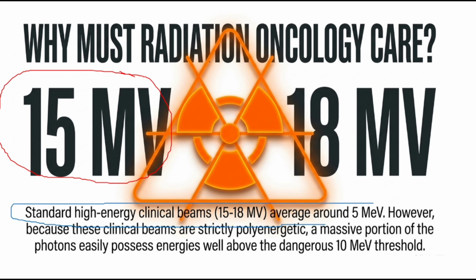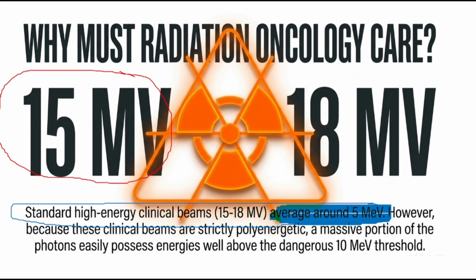We just saw that the threshold for photodisintegration is strictly 10 mega electron volts. So why is there a problem if our average is only 5 mega electron volt? The answer lies in how our linear accelerators actually work.